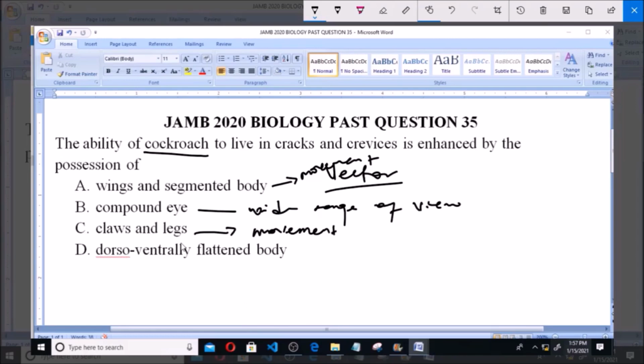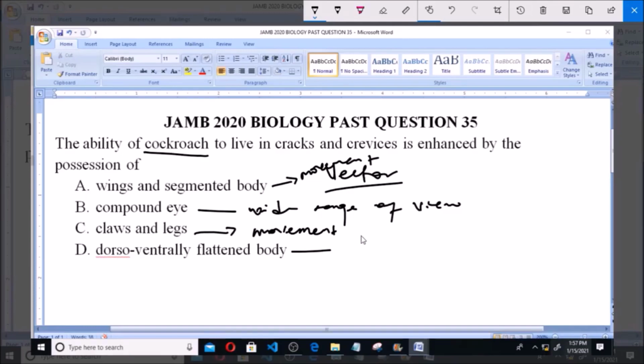Now, cockroach possesses a dorso-ventrally flattened body, that is, their body is flattened anteriorly and posteriorly. That is, their posterior surface is flattened and their anterior surface is also flattened, and that is why they are able to live in cracks and crevices on the walls or any hole at all, because of this dorso-ventrally flattened body.